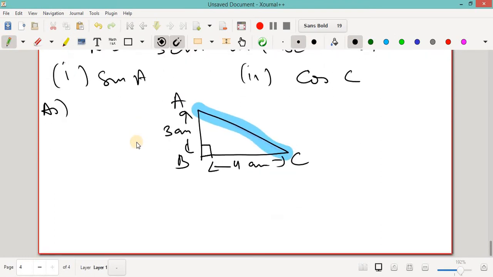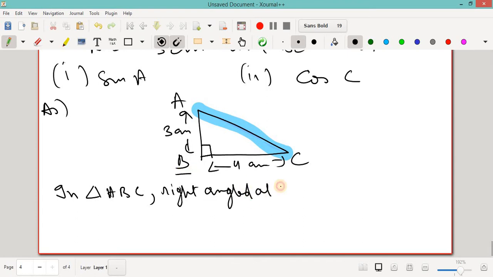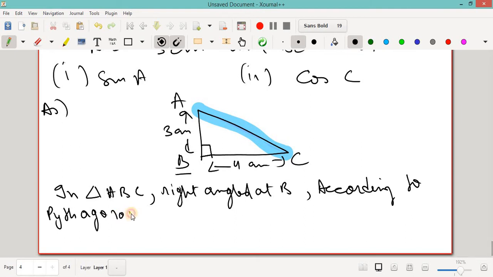So in triangle ABC, right angle at B, according to Pythagoras theorem.